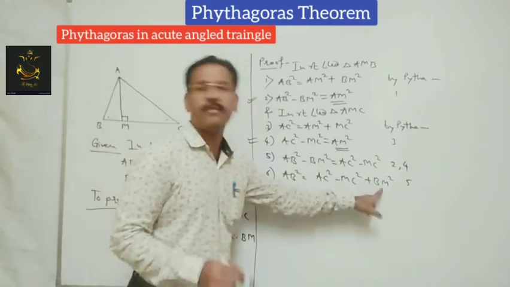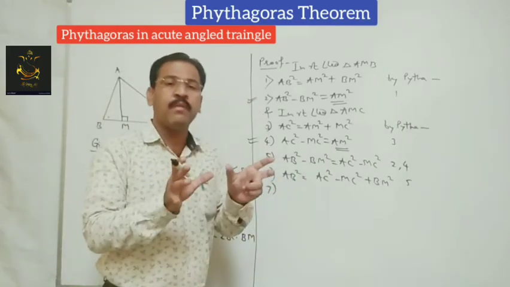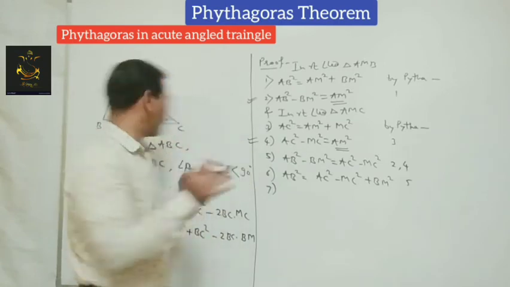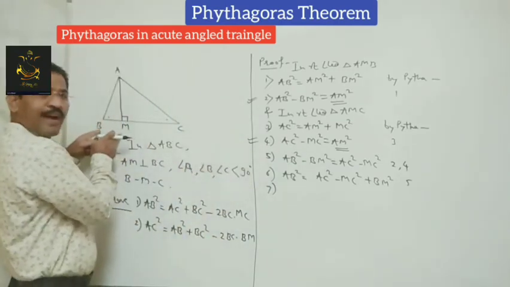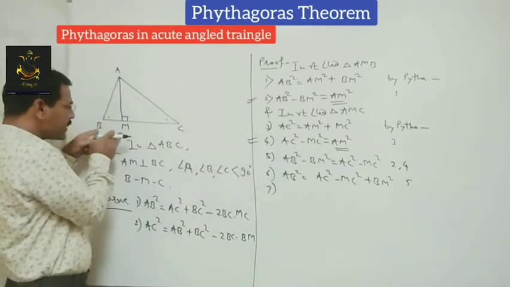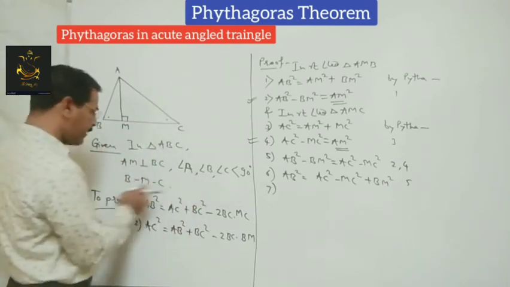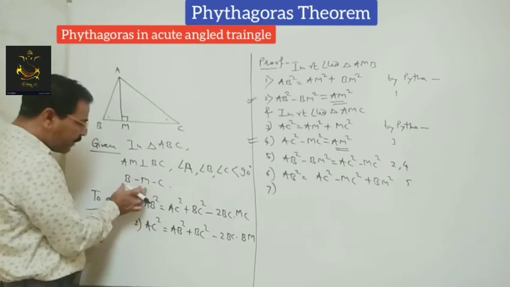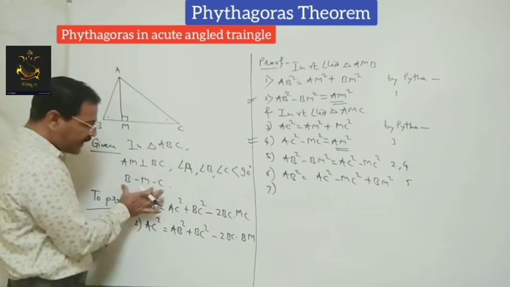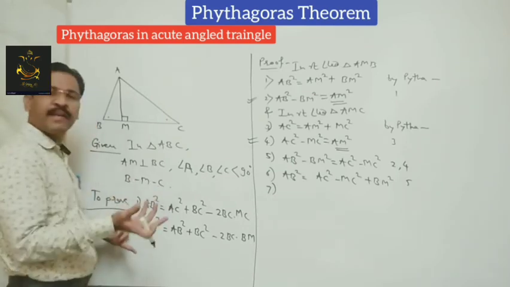That means this BM we don't need. That BM we can write in different form. Look here, this is BM. How we can write? BM is nothing but BC minus MC. Is it correct? Because of this between B, M, C, we need BM only. That means BC minus MC, which will give here BM.